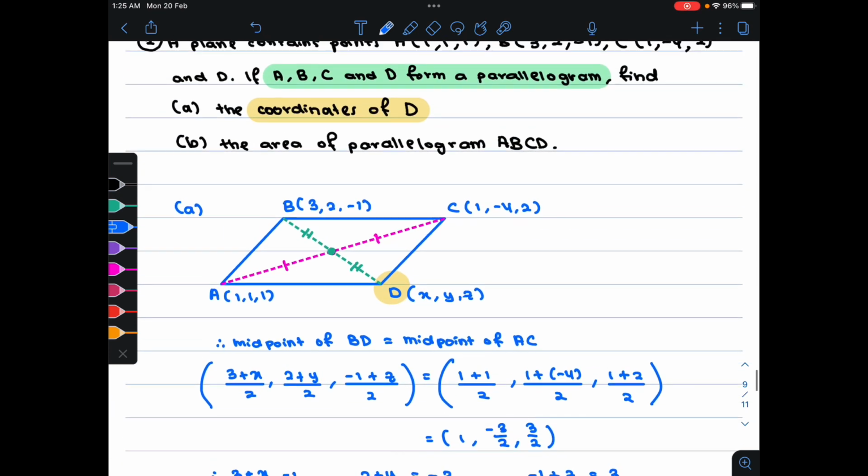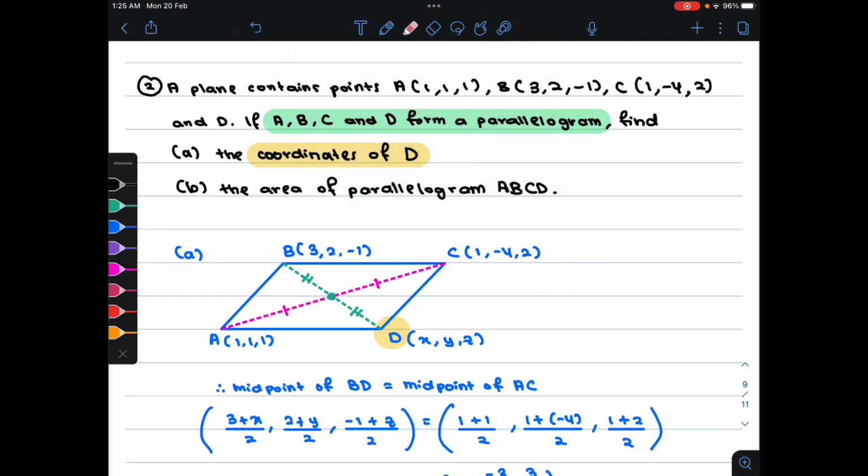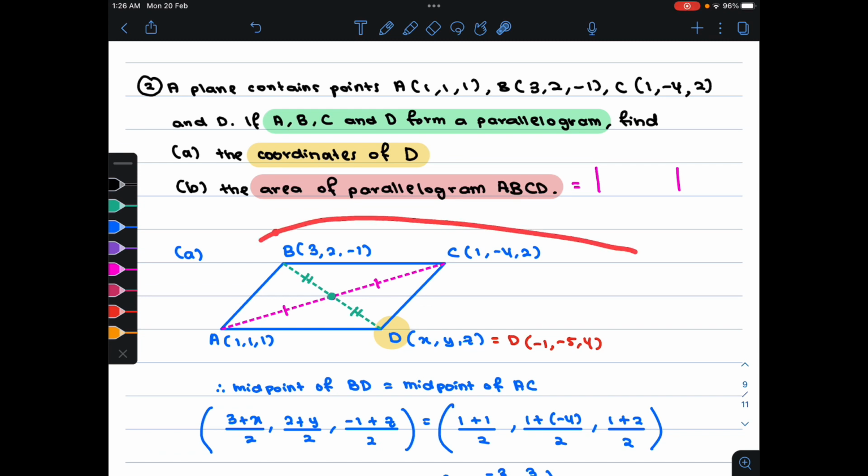Next, for part B, we need to find the area of the parallelogram ABCD. So note that the area of a parallelogram is the magnitude of a vector product. Since we already know the coordinate of D, which is (-1, -5, 4), we can use any three of these points to do the vector product.